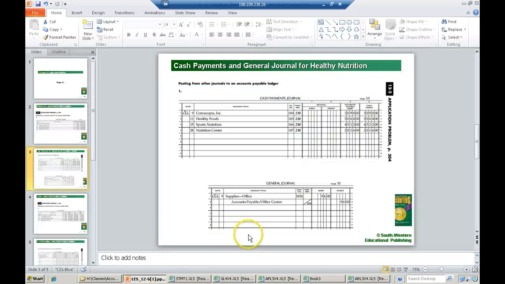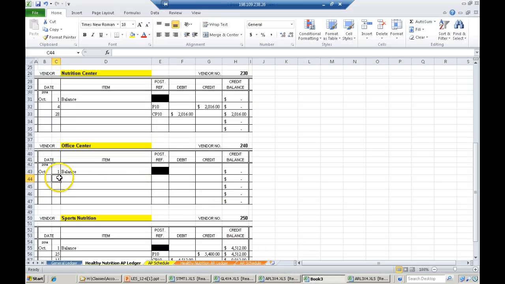That transaction came off of General Journal G10, $96 to Office Center, and this was on the 9th. It carried a zero balance already. G10, General Journal, page 10. It's going to be a credit amount of $96. Again, notice the total changes here for our account automatically.